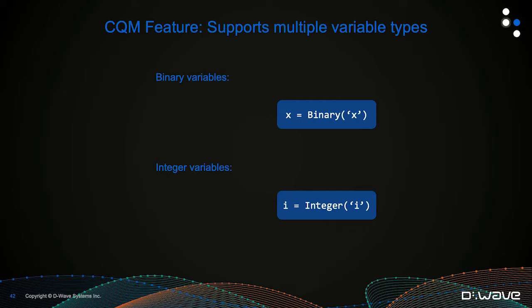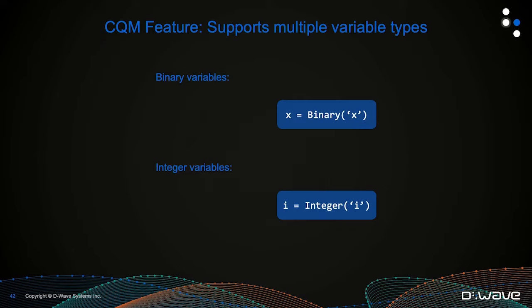In the first example at the top here, we're defining a binary variable, x. This binary constructor is creating a binary quadratic model that contains a single variable with the label x. The x in parentheses indicates that it's a label that's added to the BQM.